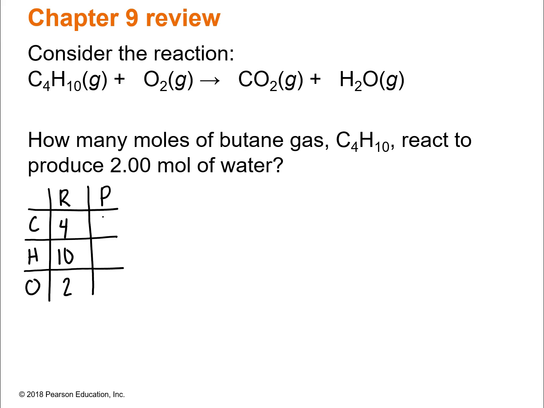Product side, we've got 1 carbon, 2 hydrogens, and 3 oxygens. And oxygen is in 2 places, in the carbon dioxide and the water. So balancing this is going to be a little bit more tricky.